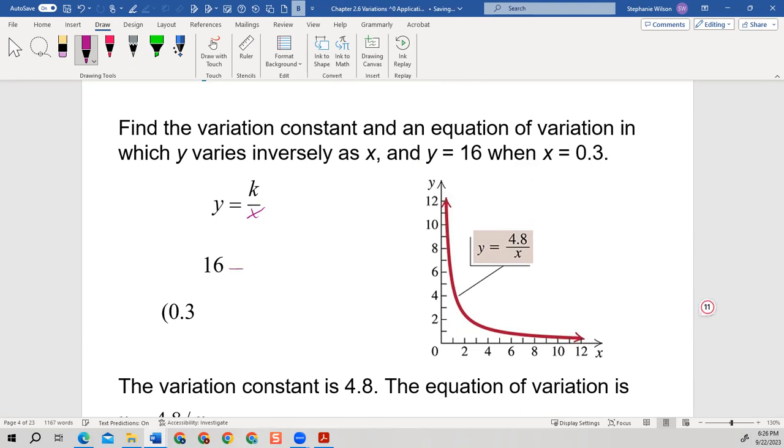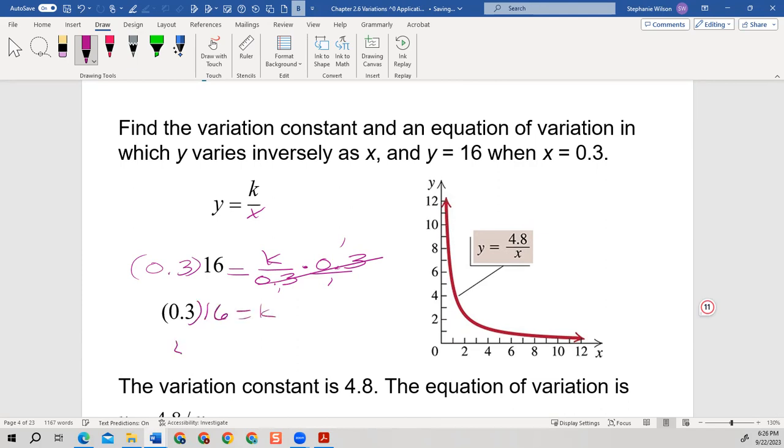So y is 16 and k is over 0.3, which is x. To undo this division, I'm going to multiply. That becomes 1, leaving me with positive 1 for k. That means I have to do the same thing over here. So I got 0.3 times 16 is equal to k.